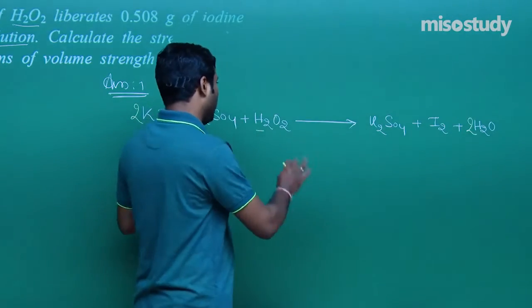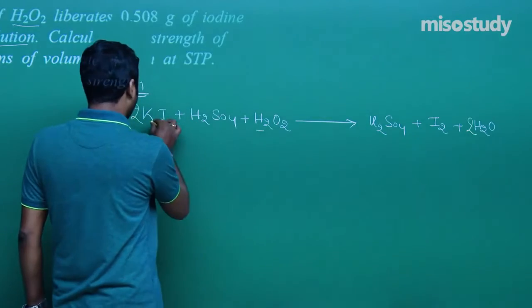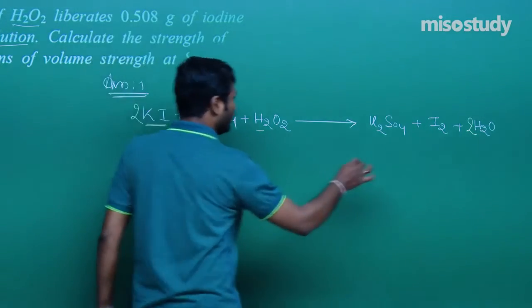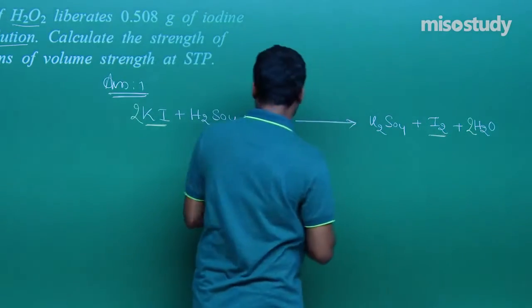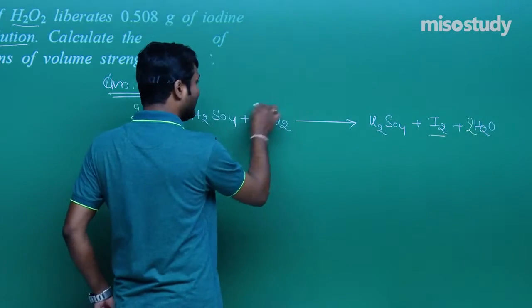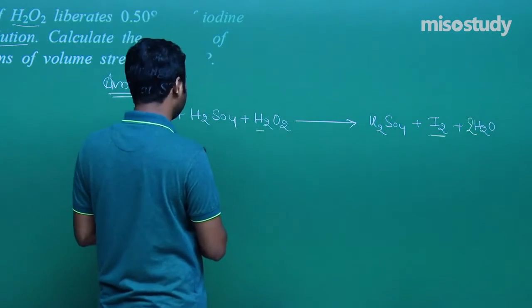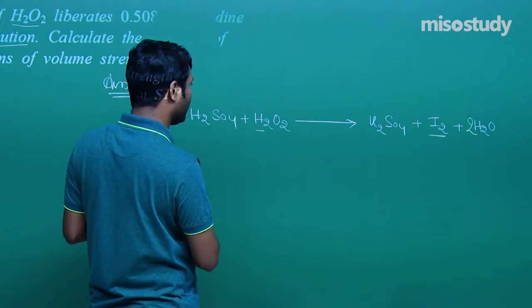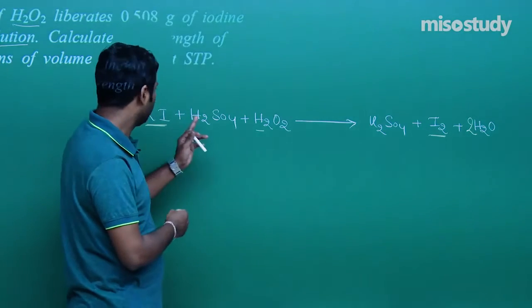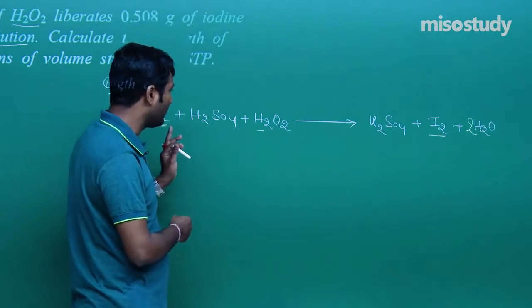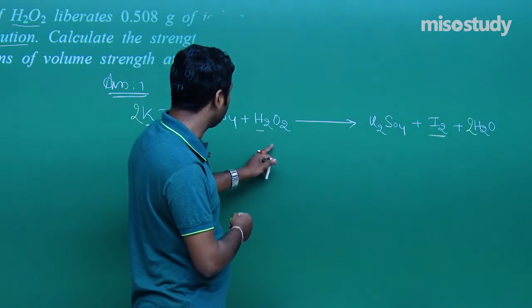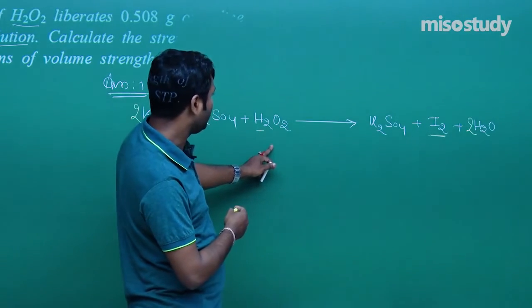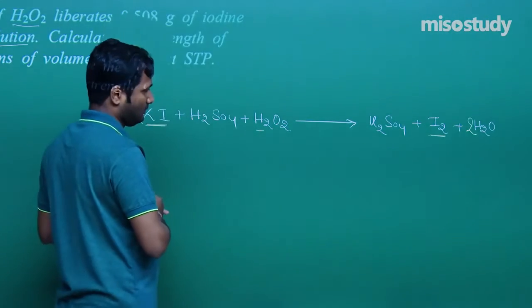Now what happened in this case? The KI converted to I2. Now look at H2O2. Do we need to balance H2O2 also? Check again: K2SO4, I2, then H2O2 gives I2.